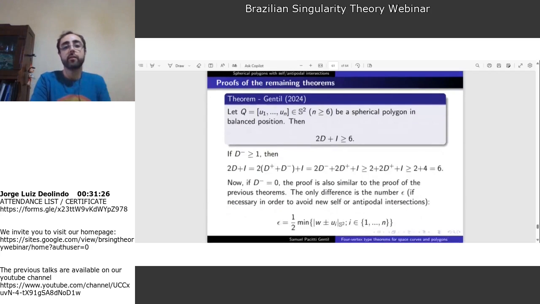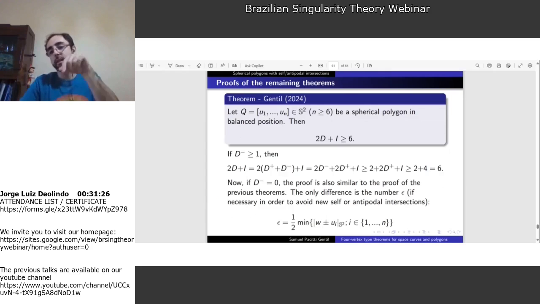And for the other theorem that takes into account the number of antipodal intersections, if the number of antipodal intersections is greater or equal to 1, then simple algebra shows us that the lower bound is also 6. And if the number of antipodal intersections is 0, then the proof is similar, and it will also follow from this surgery argument.